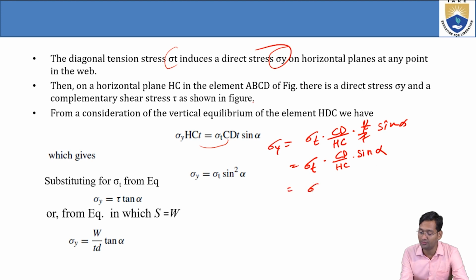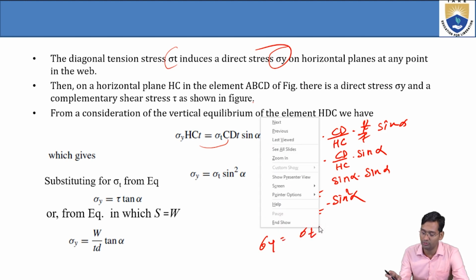So that will give you what? Sigma T, CD by HC is sine alpha. So sine alpha into sine alpha, that is sigma T into sine square alpha. That is sigma Y. Now substitute here the sigma T value.